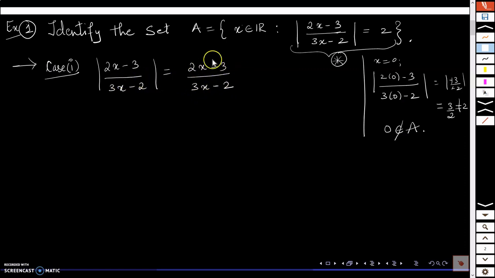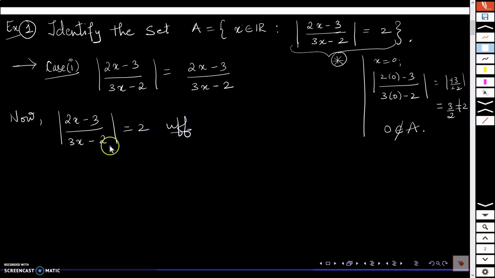So if this is equal to this, now I have to find out which real numbers, when I put them here, will give me 2. This expression will be 2 if and only if, in our case 1, the modulus is equal to 2x minus 3 upon 3x minus 2 without the modulus, because these two are the same.